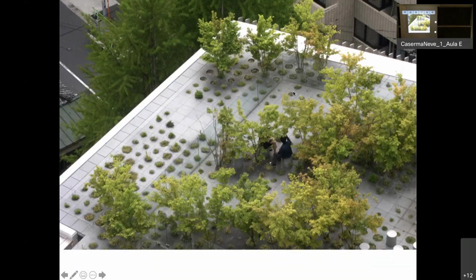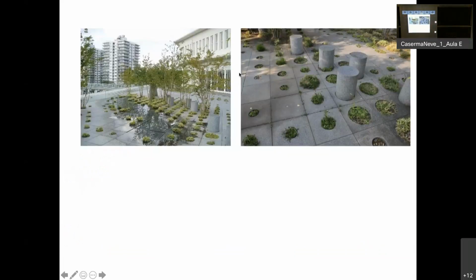You can see the same project from a more detached view, and you can understand the way in which the vegetation is creating different effects, always based on the very same principle, with bigger trees and with just spots of grass, or sometimes mineral elements coming out of these holes.